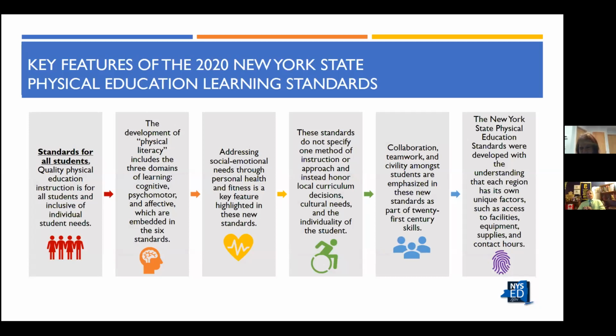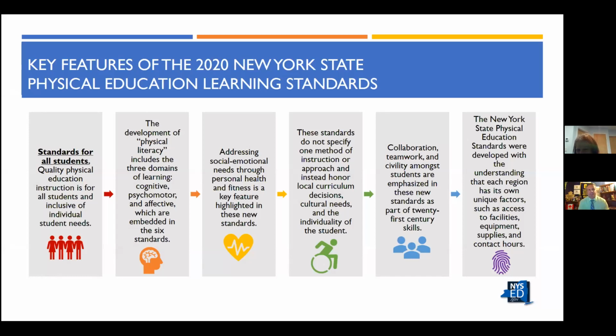So with that comes some of the key features of this project and this initiative. So first and foremost, physical literacy, the construct of physical literacy, the idea that each child should be encouraged and cultivated to pursue their individual journey to physical literacy, thinking about the 3 learning domains and allowing each child to find their own journey to physical literacy was an important theme that emerged throughout the entire process.